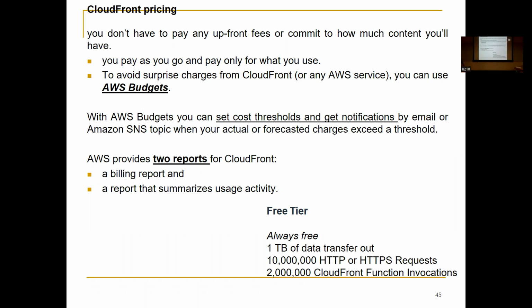But whenever it is requested by the customer, then only it has to be paid. And all the HTTP requests, 10 million requests, are free. You are not going to make more than this when you do practicals, so it is all free, don't worry. And if you are using a Lambda function, then 2 million invocations are also free.